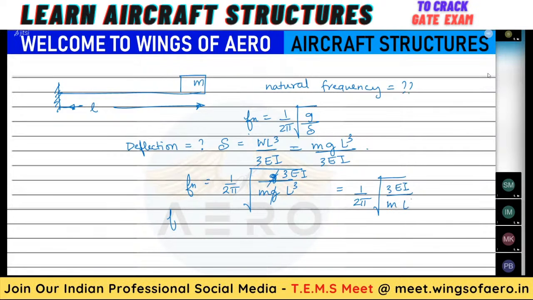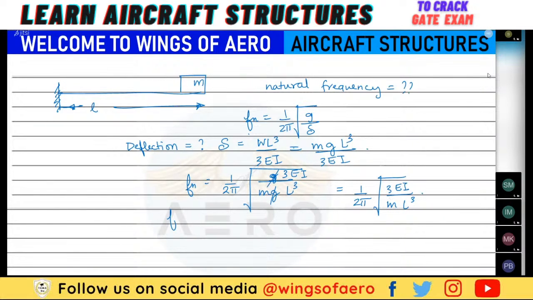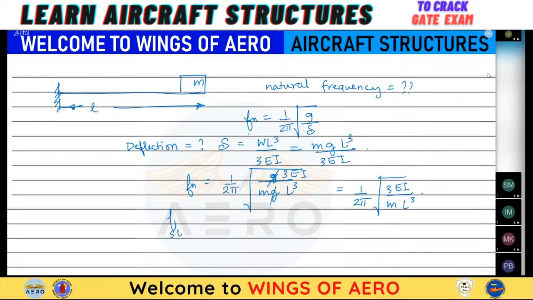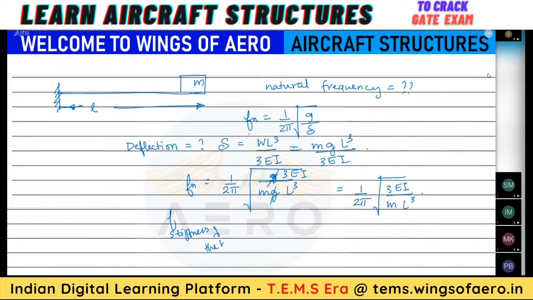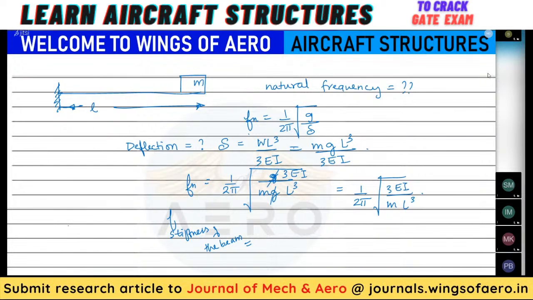m L cube. Now sometimes they might also ask what will be the stiffness of the beam. They can ask in a lot of ways. If they ask what will be the stiffness of the beam, now you know what that is.